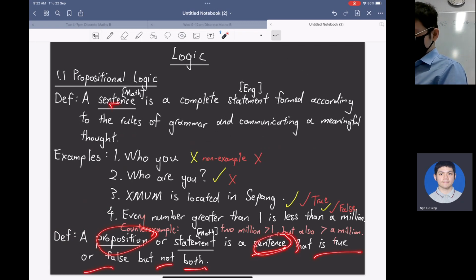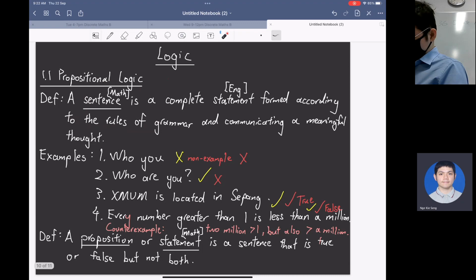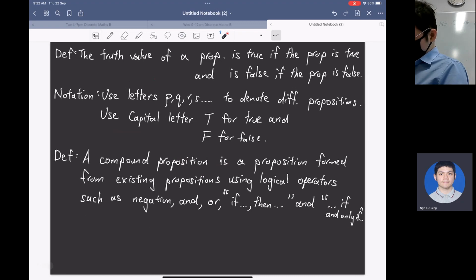And then what is a sentence? A sentence is a complete statement. But I can't go back any further because there must be a start, so I choose to start from a sentence here. And then you should also ask me what the logical operators are, which are these. We are going to introduce them now.